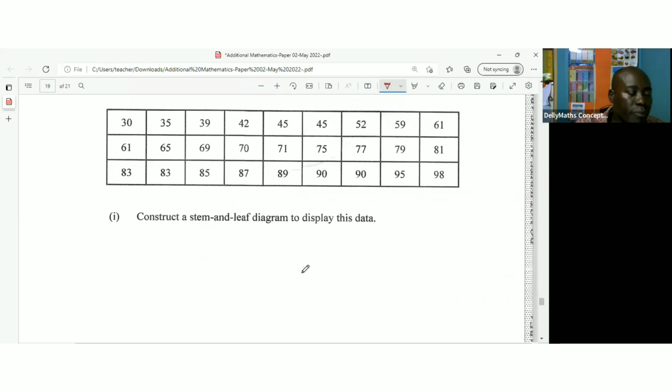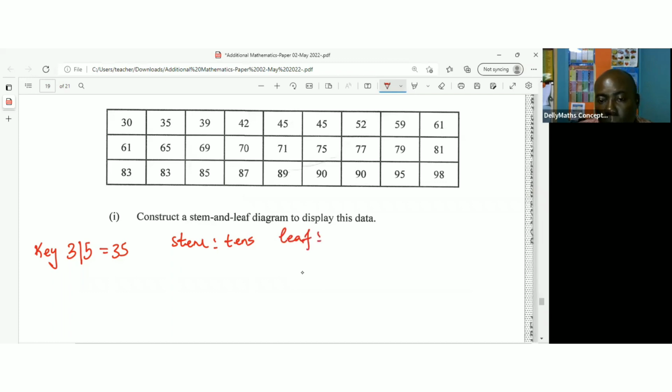All right, let's see. If we're going to construct a stem and leaf, we're going to have a quick key here. I want to let it be known that if you see 3 with a 5, this means 35. So my stem would be the tens, and my leaf is going to be the ones or units.